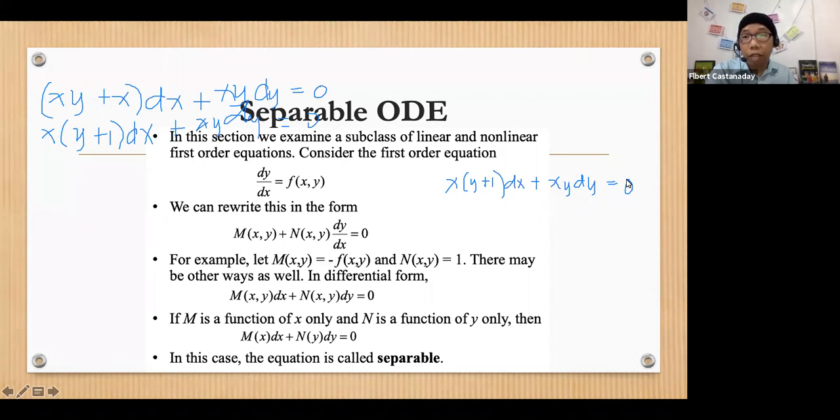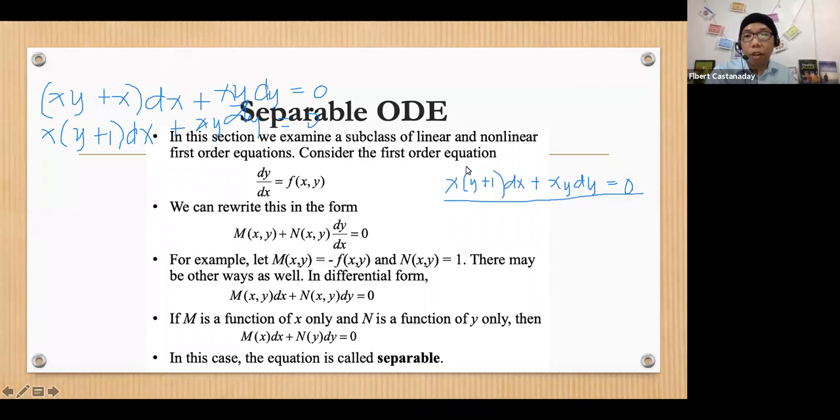And for us to solve, we need to integrate, but we cannot integrate if the given DE is in this format, where the coefficient is not a pure function of that particular variable. Like here, for dx, the coefficient should be a pure function of x. And for dy, for me to integrate this term, the coefficient should be a pure function of y. So what I will do is divide both sides by, okay, what should be removed here?